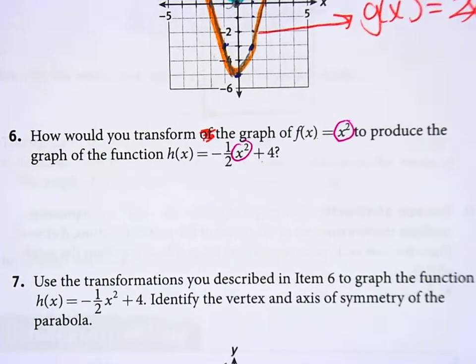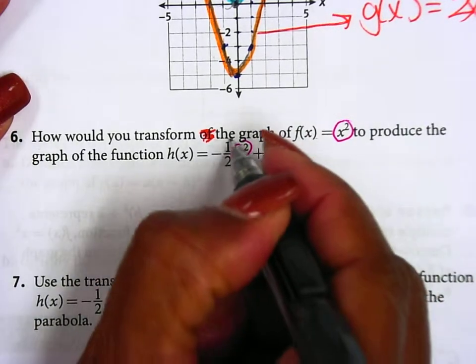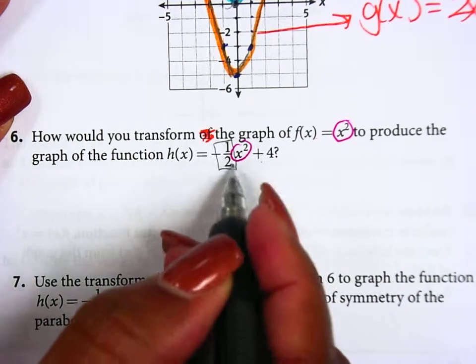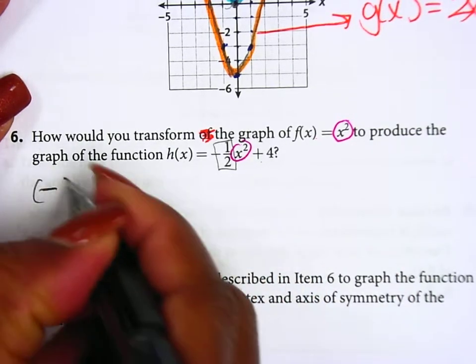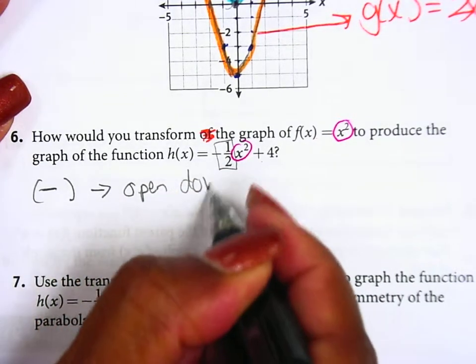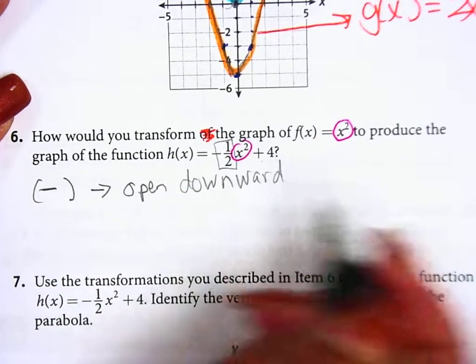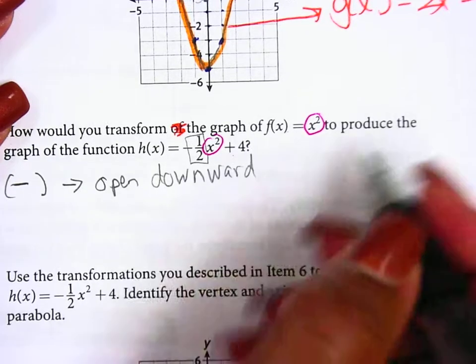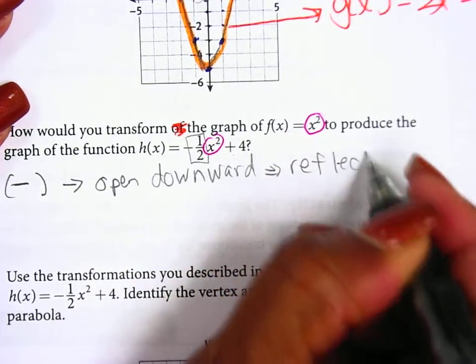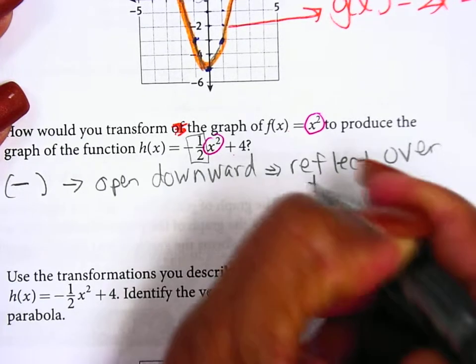You probably said, well, Mrs. E, you notice this right here, a is negative. So if the coefficient is negative, I know it's going to open downward, meaning it's going to reflect over the x-axis.